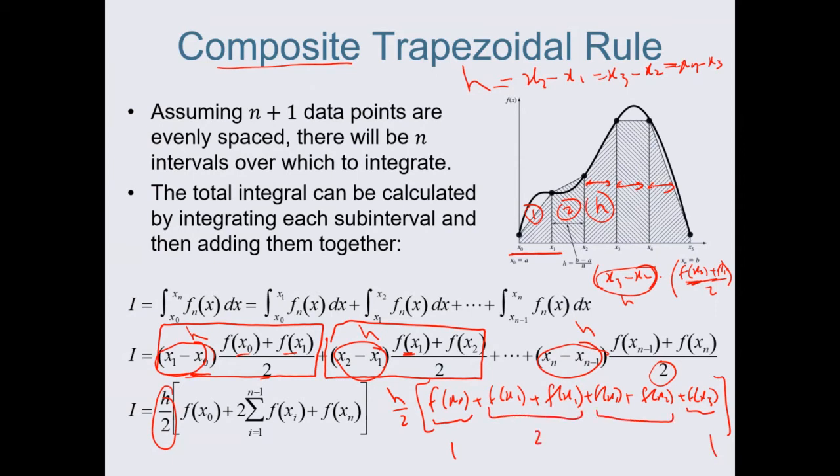The middle ones all appear twice. So you can say that f of x0, which is the first point, and f of xn, which is the last point, then from 1 to n minus 1, the function values, you are going to multiply them all by 2. So that's the composite trapezoidal rule.